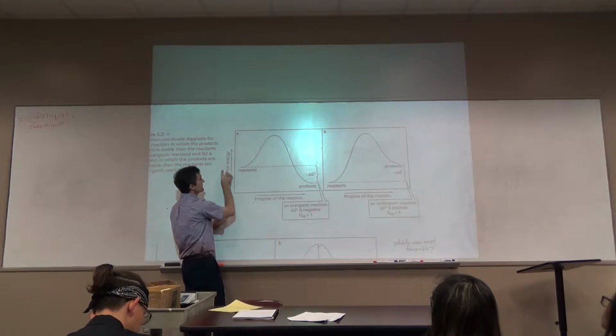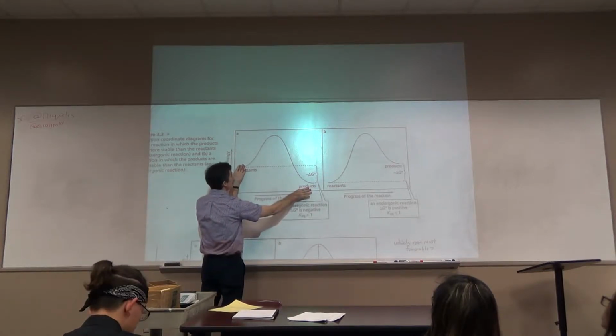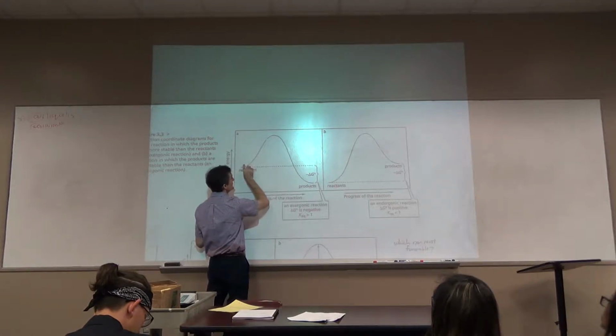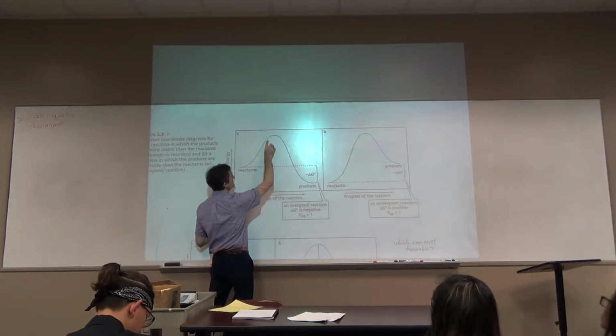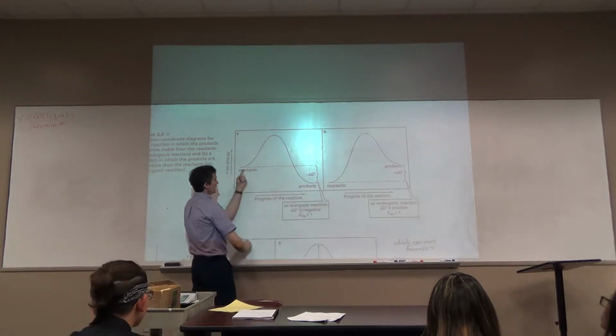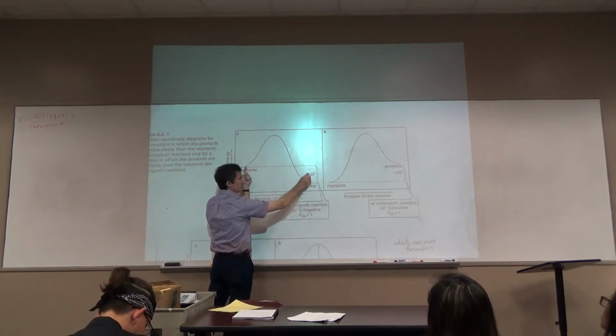Reactants, there's no actual numbers here, it's just relative. As the reaction proceeds, there's an actual increase in energy of the system up to a point, and then we fall down. Comparing here to here, we have a negative delta G.